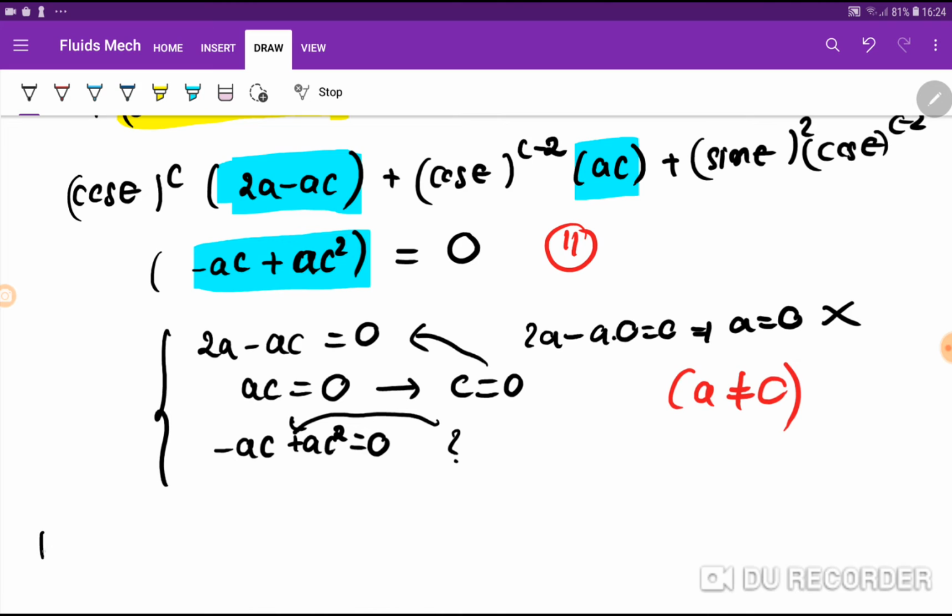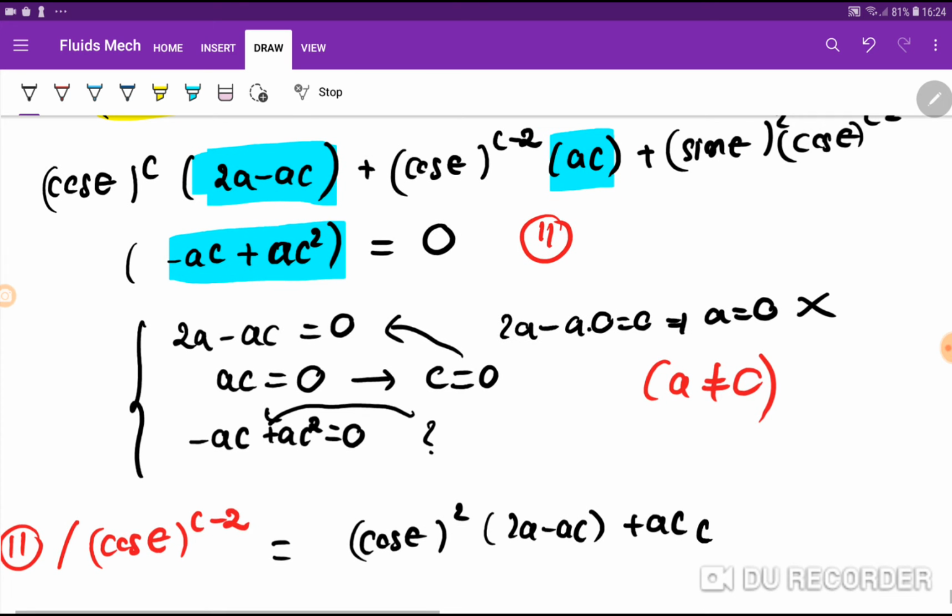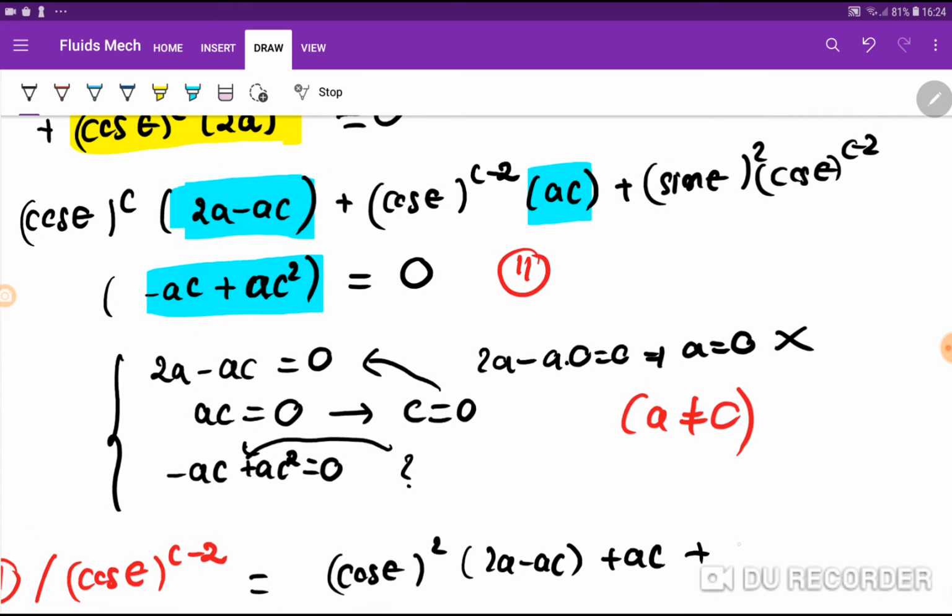So 11 over cos theta to the power of c minus 2 is equal to cos theta to the power of 2 times 2a minus ac plus ac, right? Plus sine theta square.